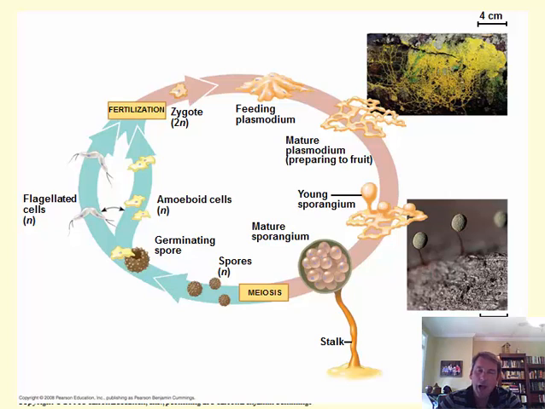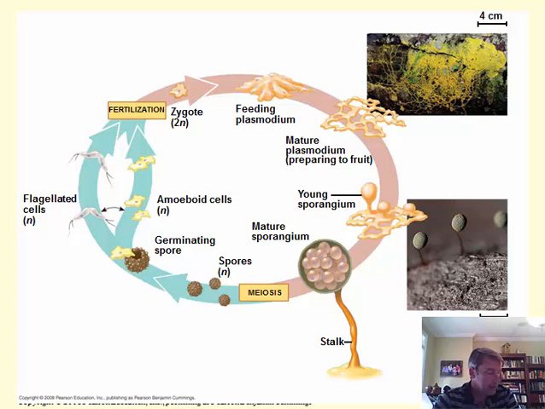And a slime mold, in part of their life cycle, resembles amoebas, which are more in the protozoan group, the animal type protist. But the slime molds can actually be divided into two groups.